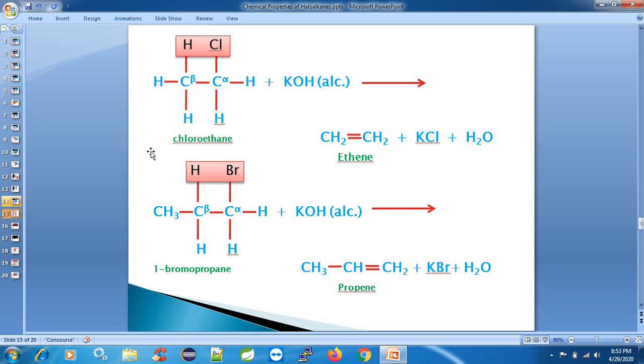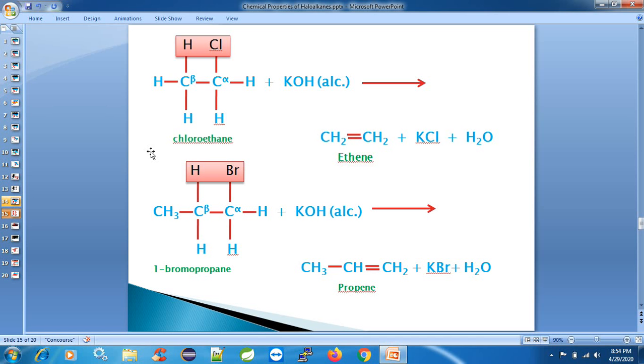For that reason, such a reaction is also known as a beta elimination reaction, because in this elimination reaction, the beta hydrogen is removed.